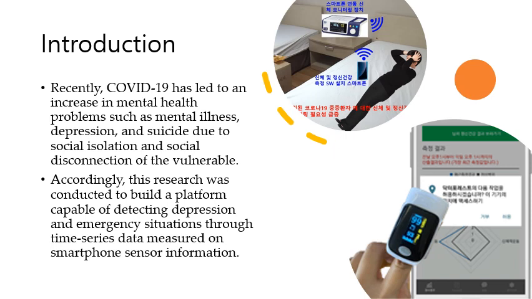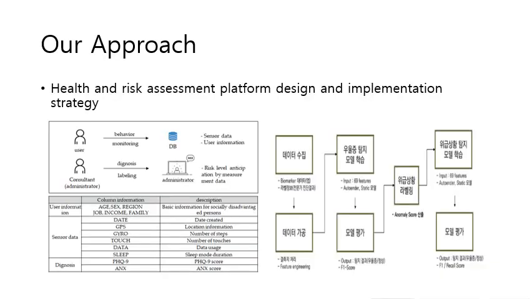Accordingly, this research was conducted to build a platform capable of detecting depression and emergency situations through time series data measured on smartphone sensor information. In this research, we collect data and conduct the health and risk assessment and analysis to detect emergency situations through AI platform.